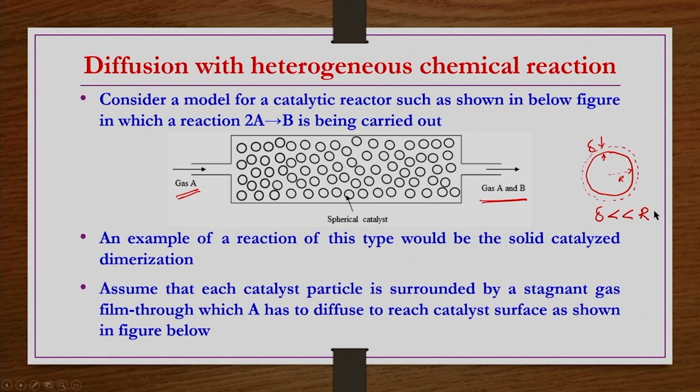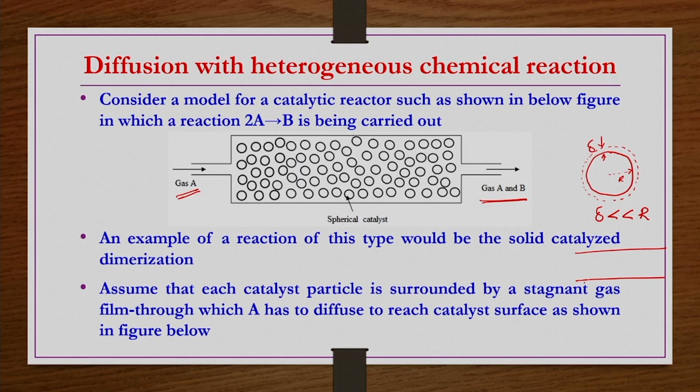Under such conditions, we do not need to consider the curvature effect, and we can have a Cartesian coordinate representation. We are not considering the number of catalysts or the complexity of the packed bed. We are taking only one catalyst particle on which the reaction is taking place, so that simple case.